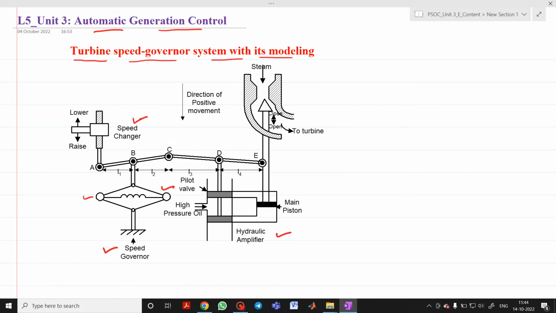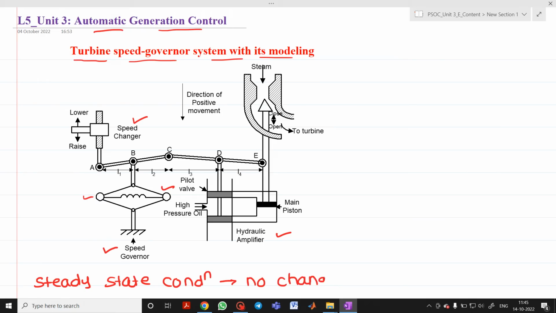Now let us consider that the system is initially operating under a steady state condition. So what is the meaning of steady state condition? I will write it here. The system is operating under a steady state condition. The meaning of steady state condition is that there will be no change in the loading condition.